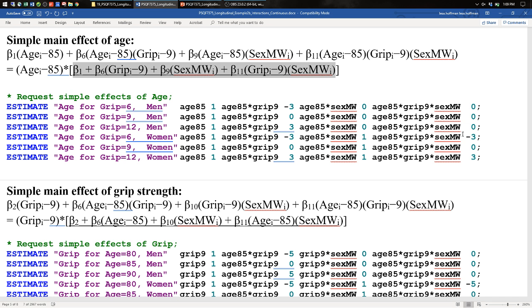So I'm asking for the simple effect of age, so that's age and then a 1. What that means is that at a minimum, I need 1 beta 1 to create the simple effect of age, because that's what it would be for the reference group for gender and grip strength.